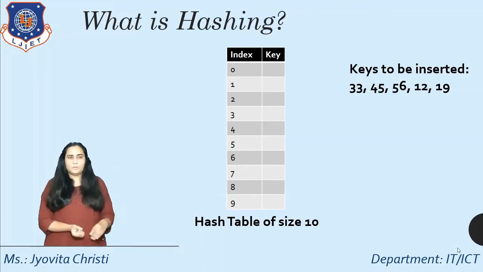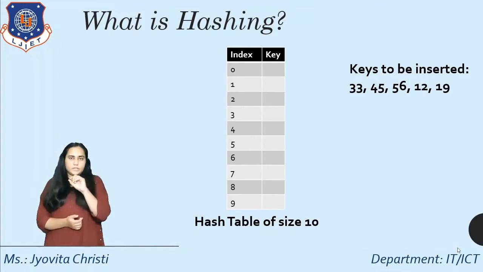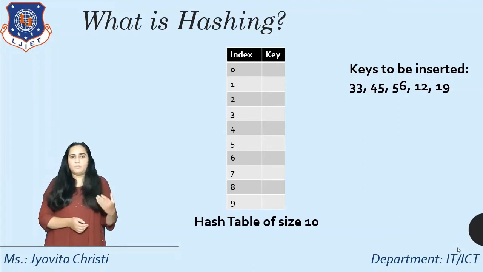So we're just going to use some 2-digit IDs, which you can see. All these keys, you can consider that they are 2-digit IDs that I need to save as an index so that I can access them very quickly afterwards. These keys are the IDs, and they are not just numbers, they can be alphabets also.